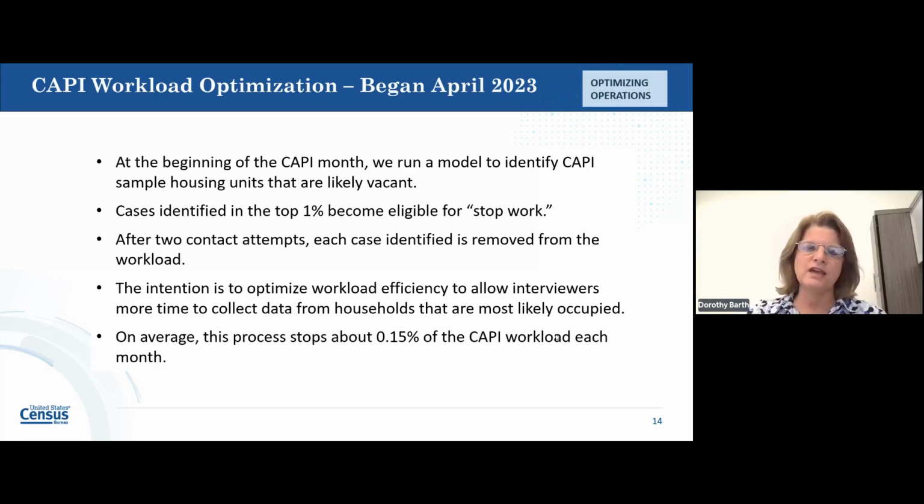We're going to give this FR more time to work the likely occupied households. On average, this process stops about 0.15% of the CAPI workload, which isn't a lot. Most of them end up being vacant, so it gets them to see that household quicker. So it does save time.